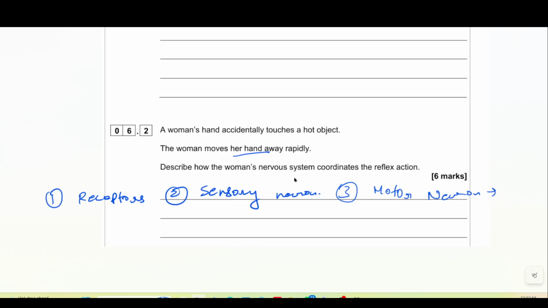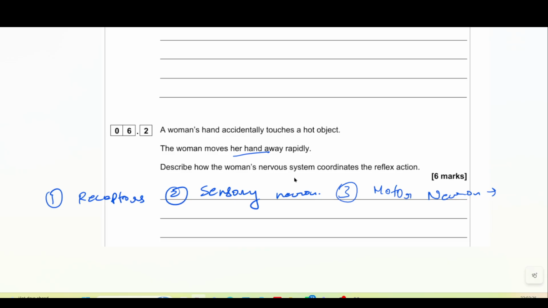After that, motor neurons will take that signal from the brain to the hand, from the CNS, through synapses, and then the muscle contracts and moves the hand.